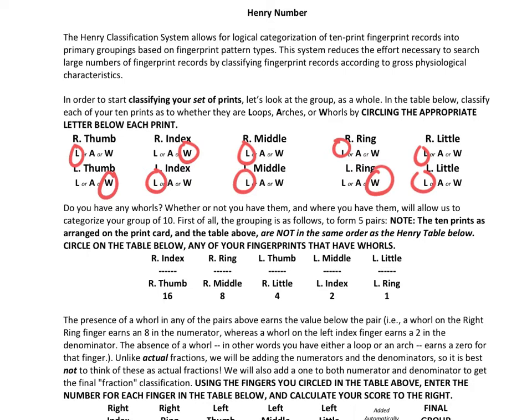So I'm going to circle down here which ones have whorls. You have to look closely, though, because each one is not in order anymore. I had a whorl up here for the left thumb, so I'm going to circle that. I had a whorl for the right index, and a whorl for the left ring. All the rest are loops.